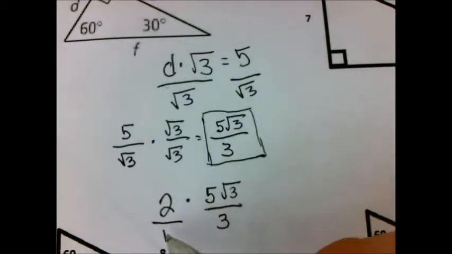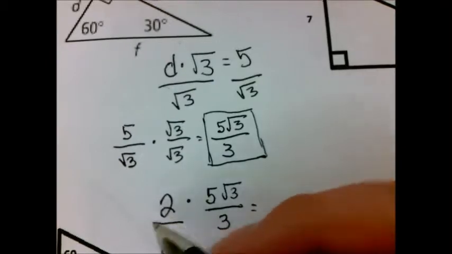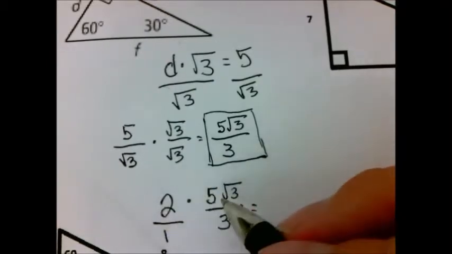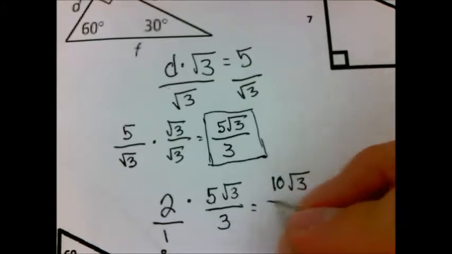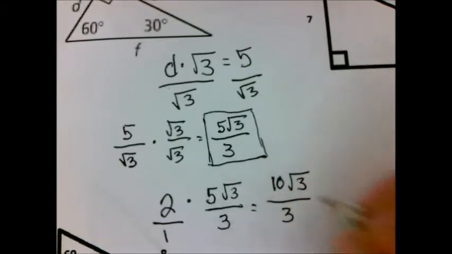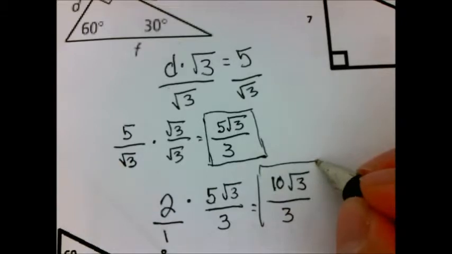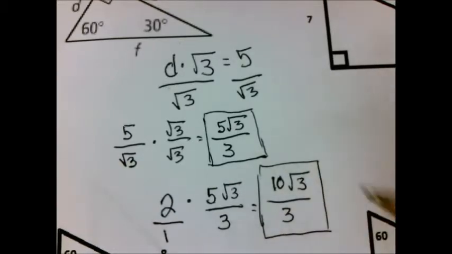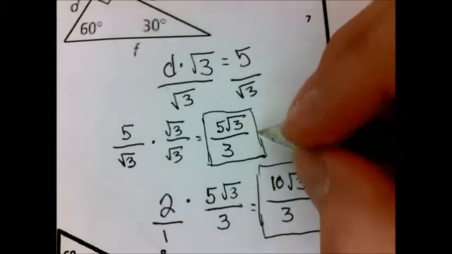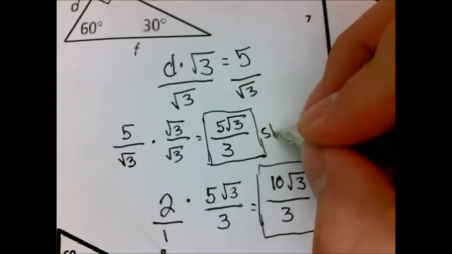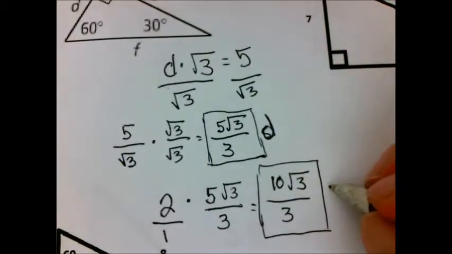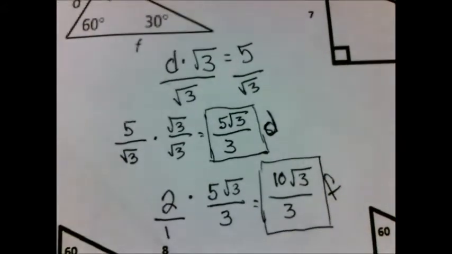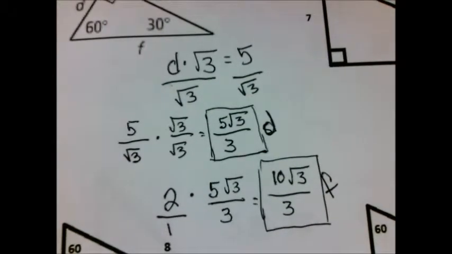So we multiply the top, multiply the bottom. When we multiply the top, we get 2 times 5, which is 10 square root 3. The bottom stays 3. So this is the short leg, or D, and this is the hypotenuse, which is F. Give you a second to write that down.